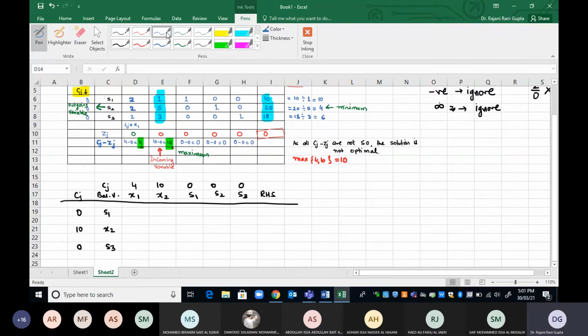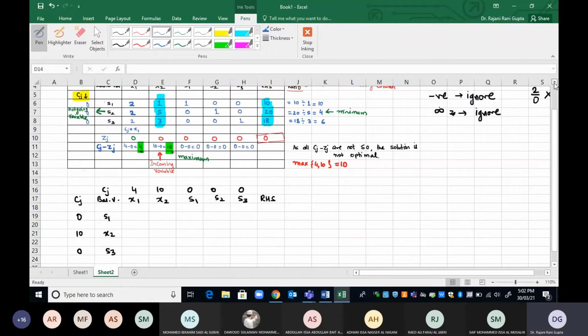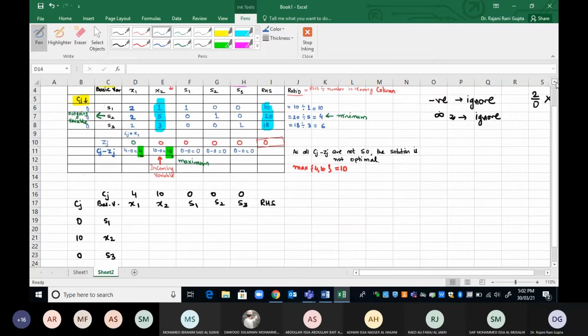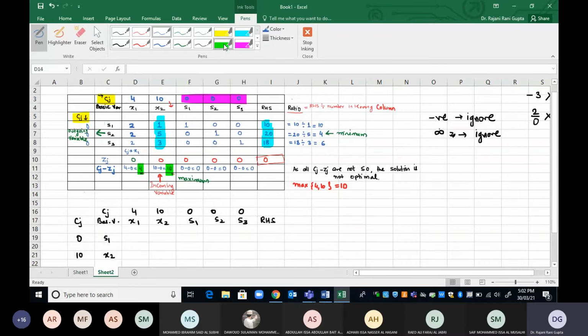Okay, so now we will make the table. Now new table. So first of all, what we need to see. Okay, we now introduce only X2 because X2 comes. Okay.